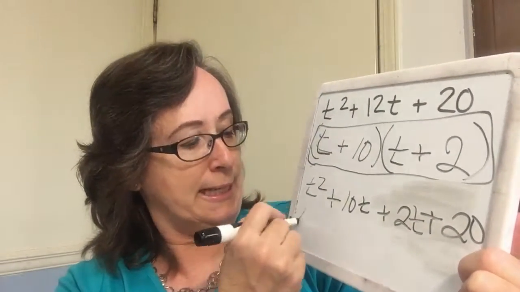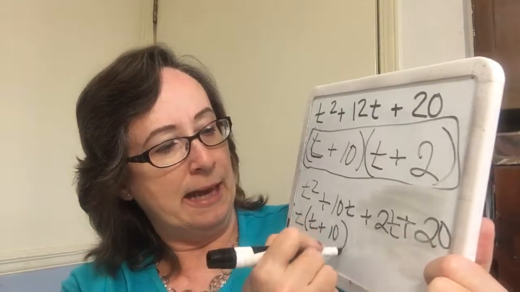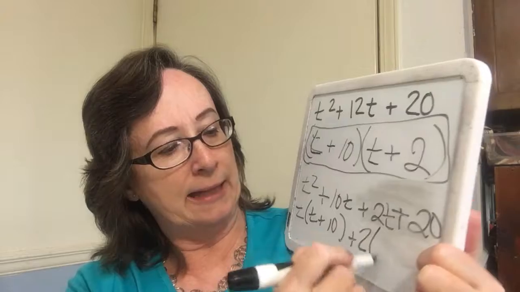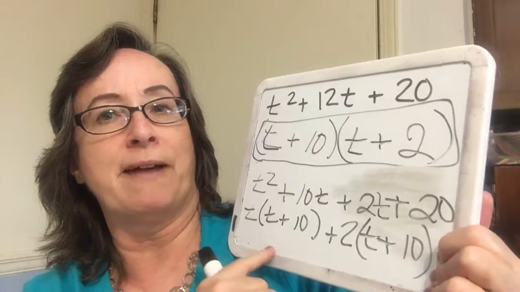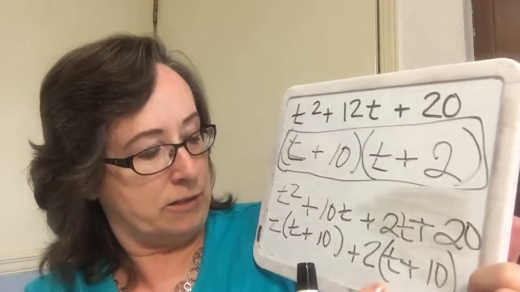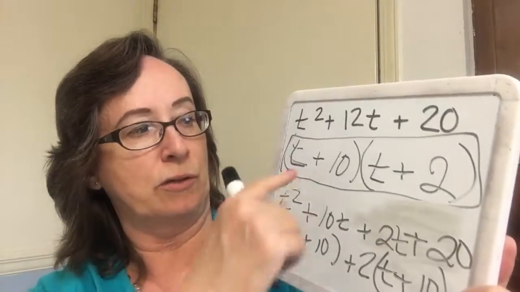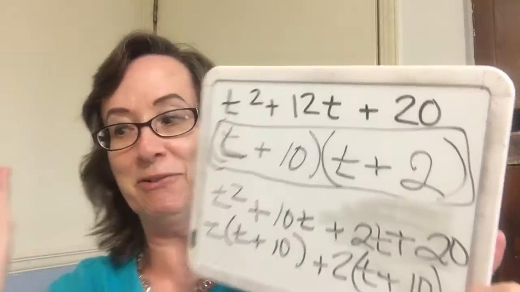So I'm going to pull out a t here and get t plus 10. And I'm going to pull out a 2 and get t plus 10. So then when I factor out the t plus 10, the remaining factor is t plus 2. And I go right back there to what I just did before.